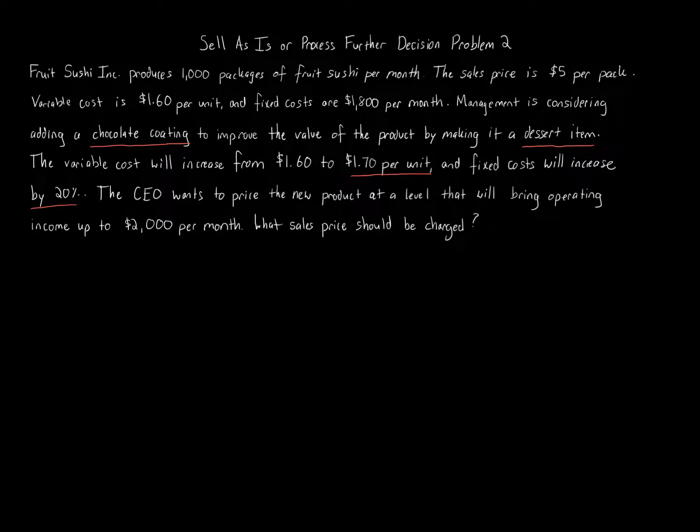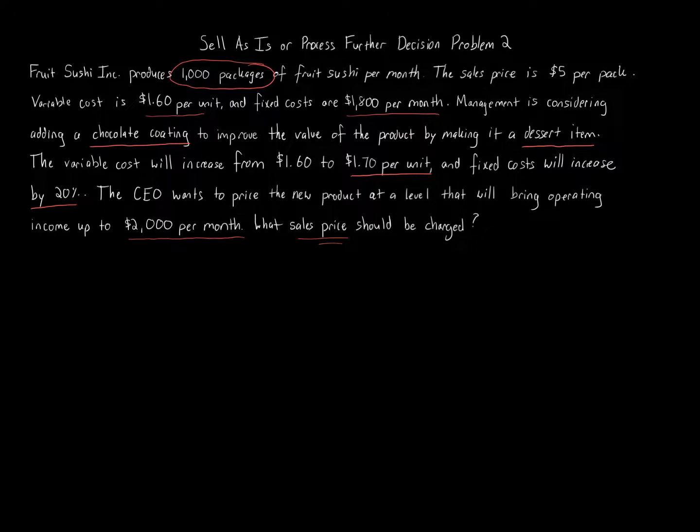Now, the CEO wants the new price of the product to reflect an increase in operating income, $2,000 per month. So this one is pretty straightforward because we're given the variable costs of what it currently is, and we can go ahead and solve for these respective items. Let's start, and we're going to use 1,000 packages, and we're going to be using the information under process further.